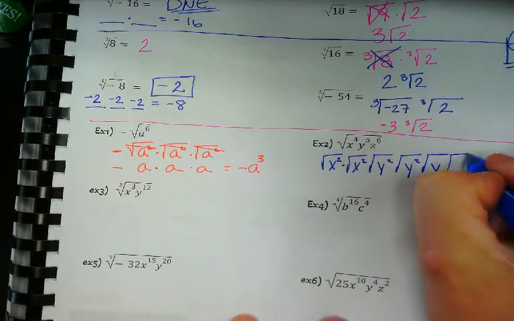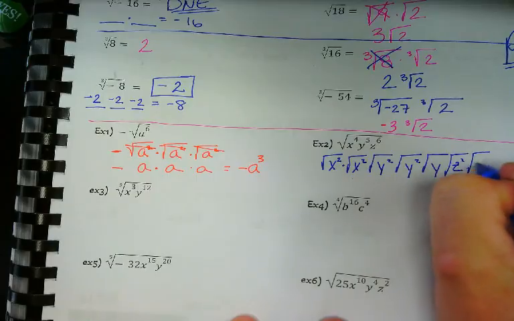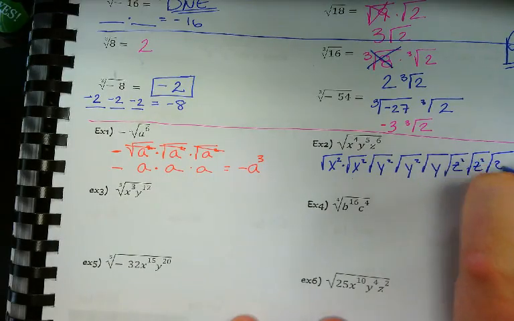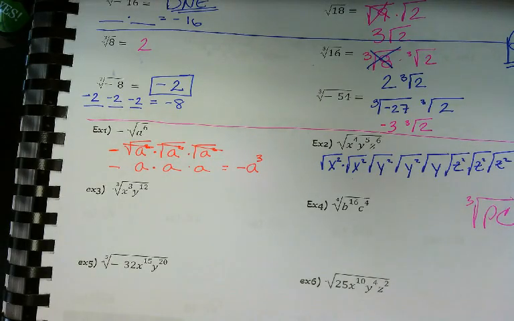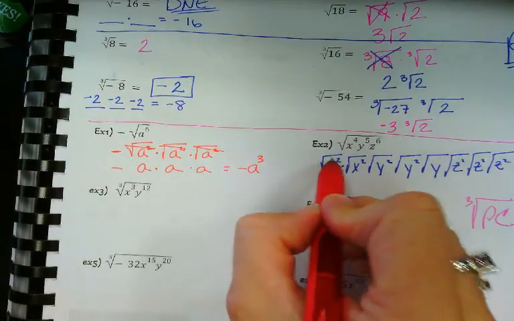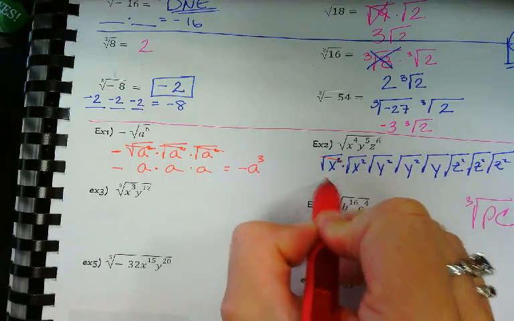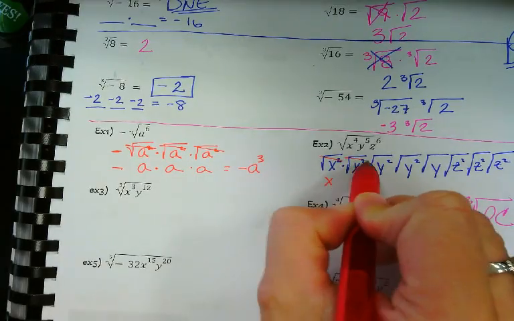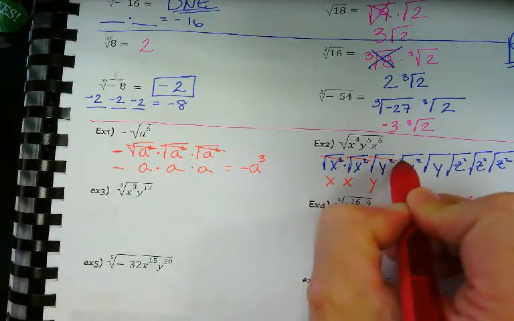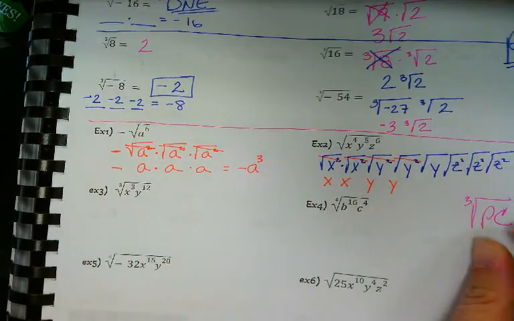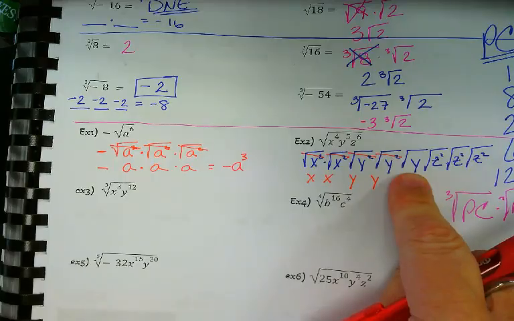Then z to the 6th, I'm going to have z squared, z squared, z squared. The square and square root are going to cancel, so that just becomes an x, an x, a y, a y. Now, does this one cancel with anything?